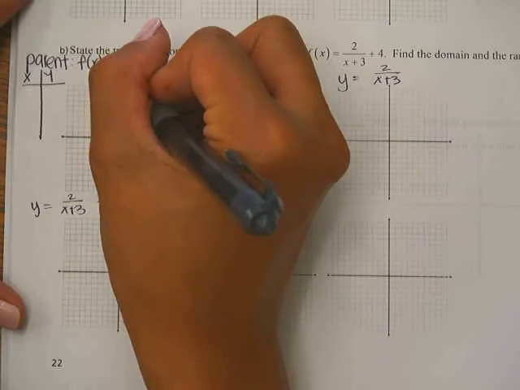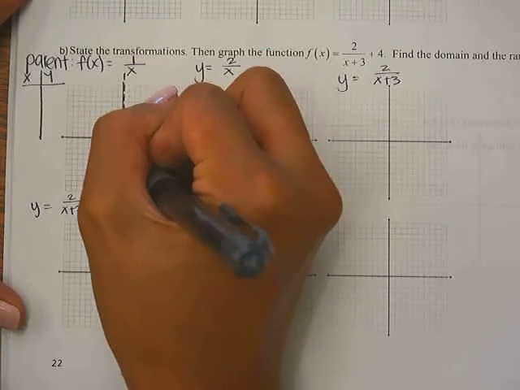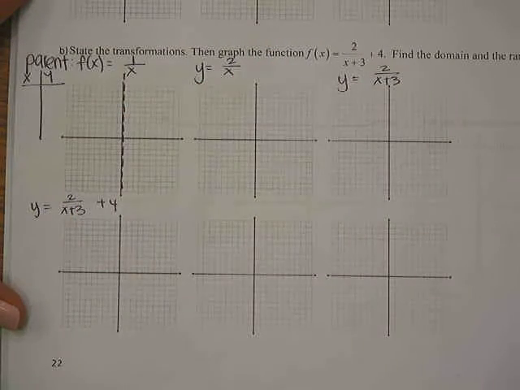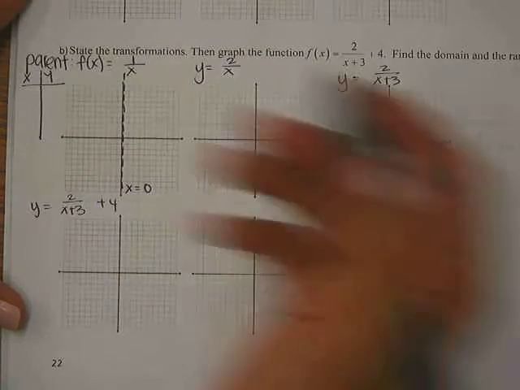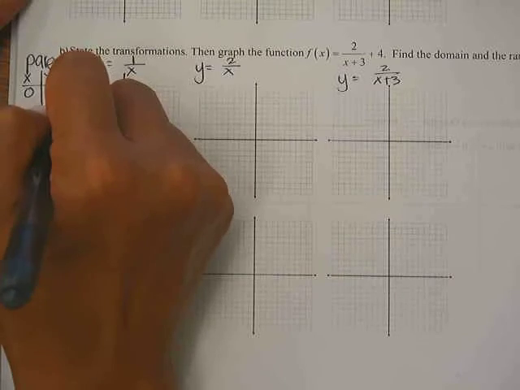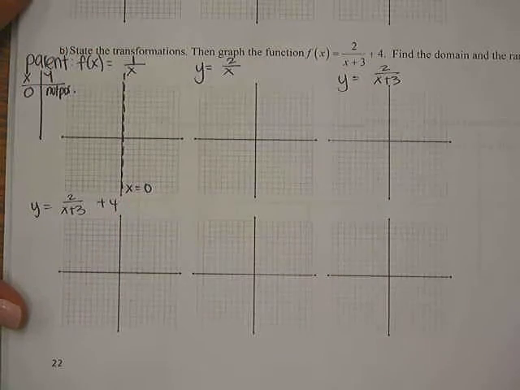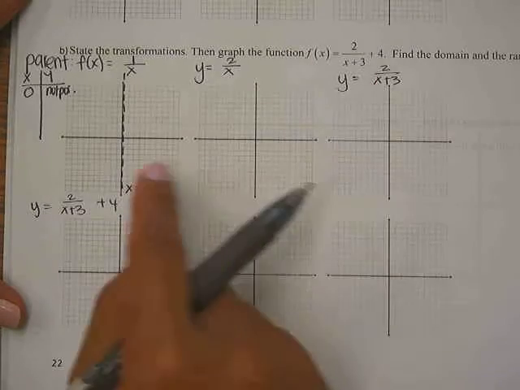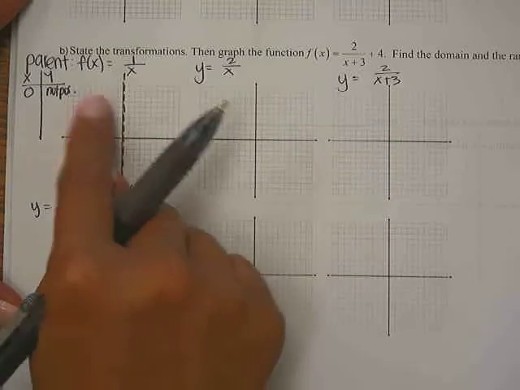Because x can never ever be 0, that creates an asymptote, x equals 0. Label this piece. So x is 0, not possible, and that will give us an asymptote. And because we have one asymptote, we're going to have two curves, one on the right and one on the left.